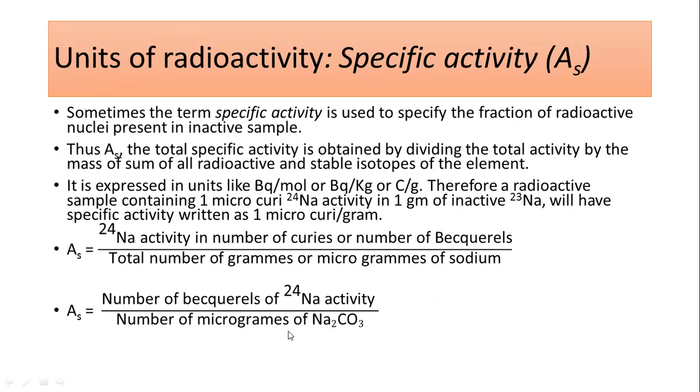So what is important here is you have to take the total weight of the sample in which you are going to get the activity of the radioactive nuclide. So this is all about the units and the half-life of the radioactivity.